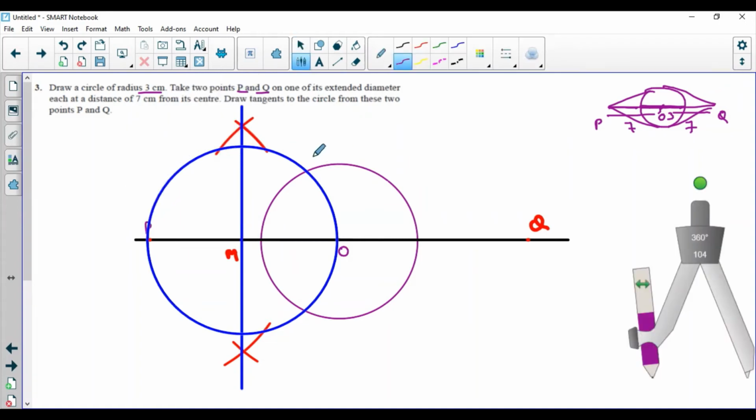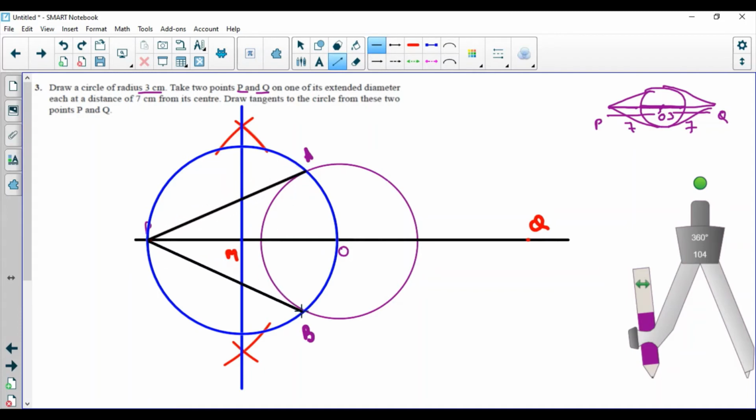So let these points be A and B. Okay, so we'll join P and A, P and B to get the tangents from the point P. Okay, from the point P, the required tangents.